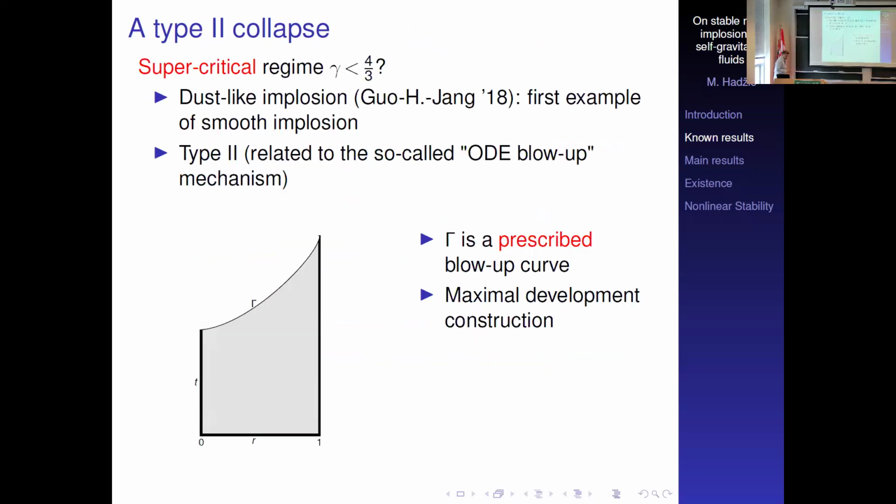So a first result in this direction goes to a joint work with Yan Guo and Juhi Zhang from a while back now. And this is an example of smooth implosion, which is not self-similar. So the word that people in the dispersive community like to use is type 2, which simply means not self-similar in this case. And what you can do, you can prescribe a surface in space-time.